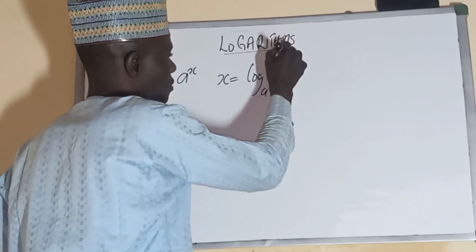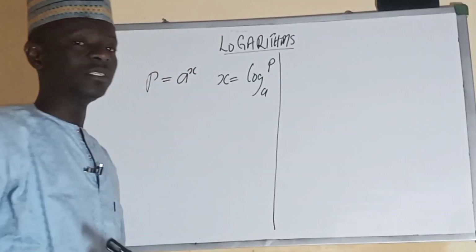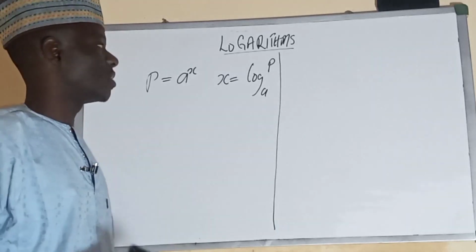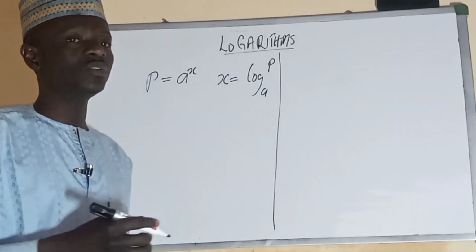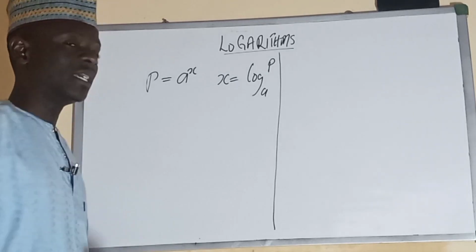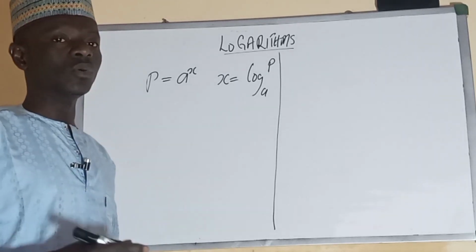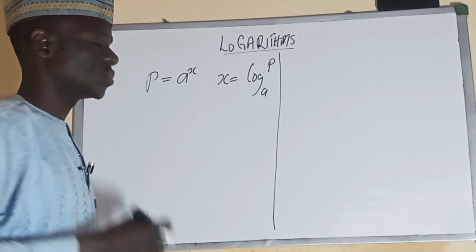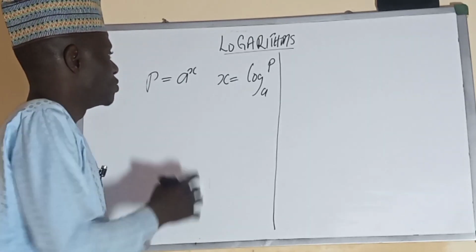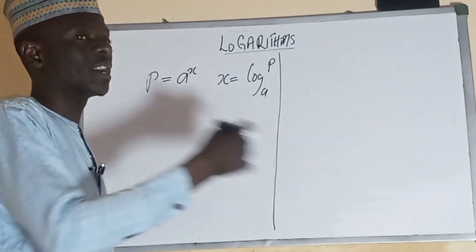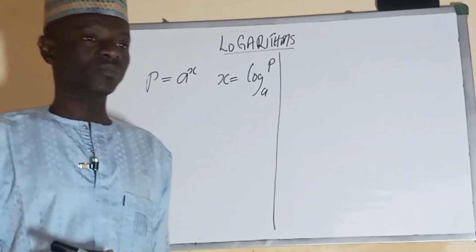There are many laws regarding logarithm. When you want to solve any problem concerning logarithm, there are laws that you have to follow. Let us see whether we can prove some of these laws or write them down, so that when we deal with problems concerning logarithm, we will be reminded of them and apply them to solve some problems.